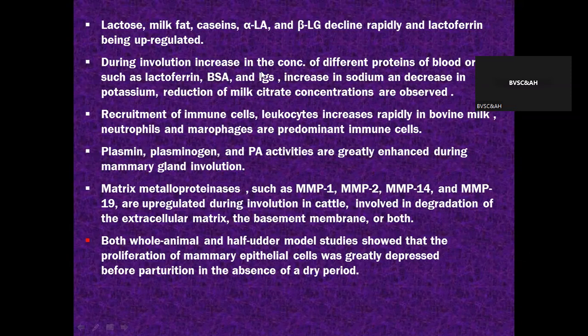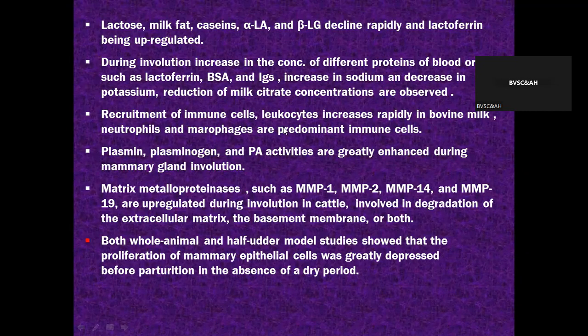During involution, the concentration of different proteins of blood origin, such as lactoferrin, BSA, and Ig, is increased. There is also an increase in sodium, a decrease in potassium, and reduction of milk citrate concentration. They are all observed and are most probably due to the increased permeability, or the loss of tight junctions.